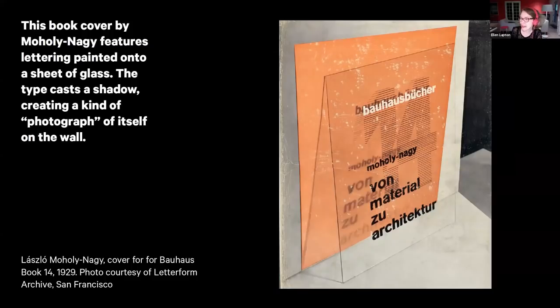There's a book cover. In order to make this book cover, he would have painted all that type by hand on a sheet of glass and then taken a photograph of it. So the cover is the gray rectangle, and that's a photograph. It's a little hard to wrap your head around it, but it's a physical cover on a book. Pretty cool. And Moholy-Nagy wrote the book.